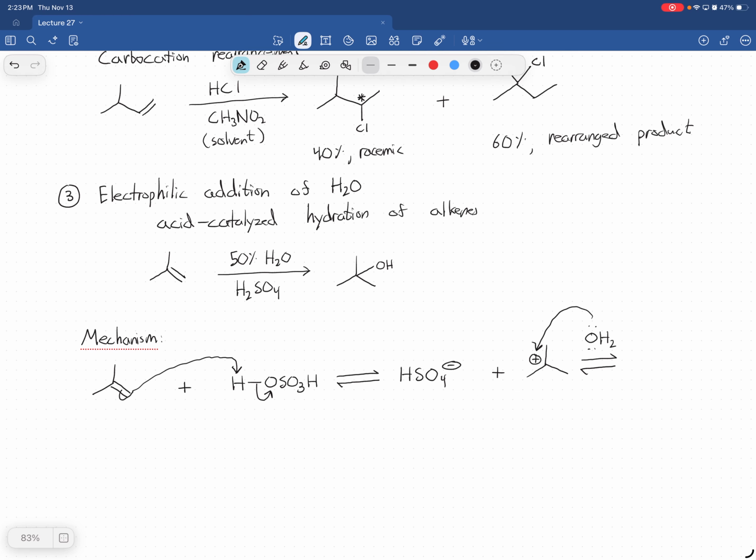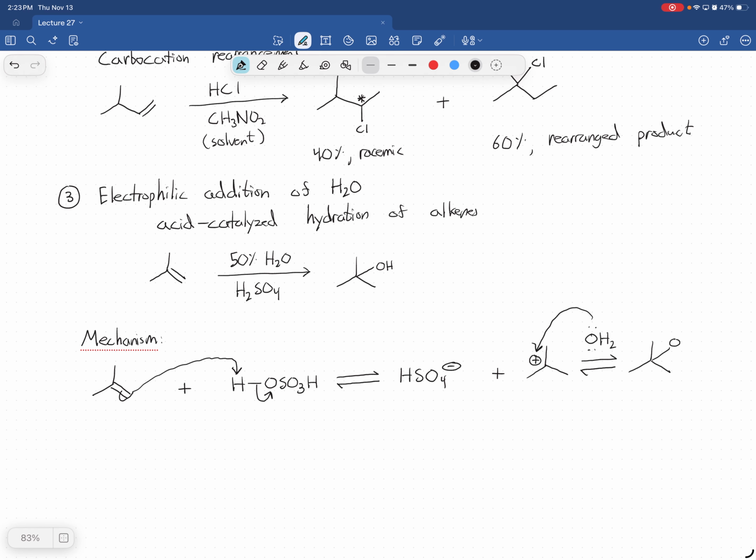All right, so now we draw the product here. So remember, just follow the arrows. We have a bond to water now. And you could show the hydrogen atoms to illustrate that, okay, well, this is a positively charged oxygen, so that's not going to be very stable. So what's the very last step we do here? Deprotonation. All right, so since there's a lot of water, you can use water or bisulfate.